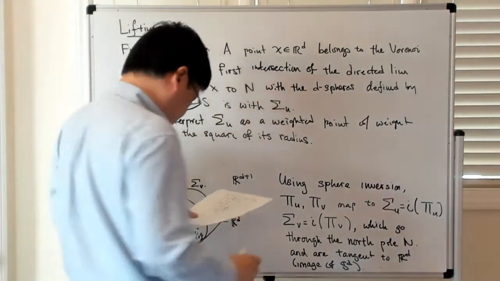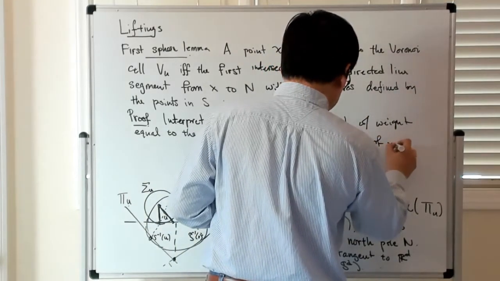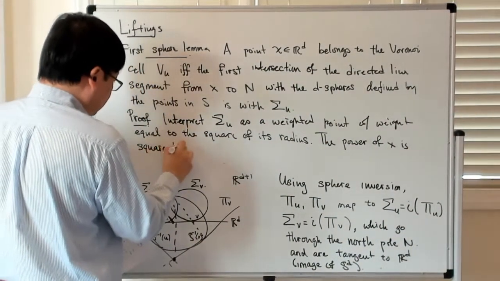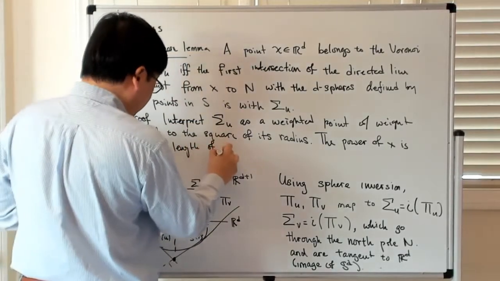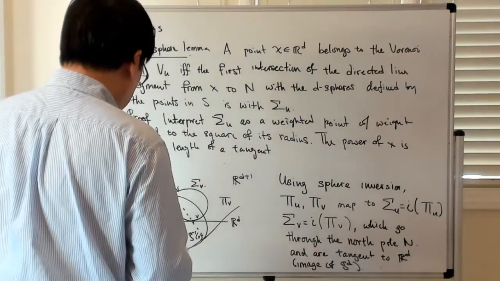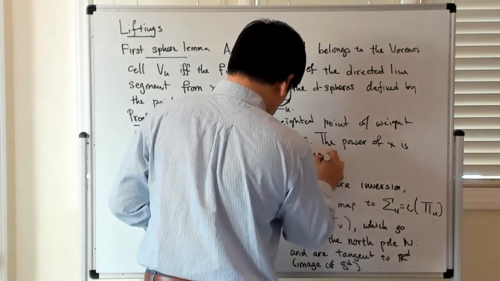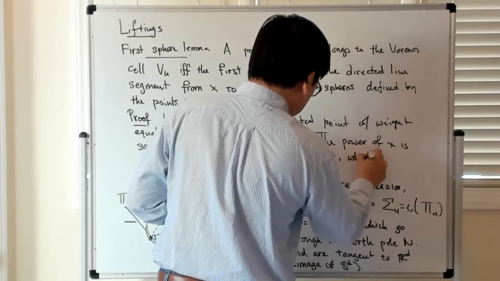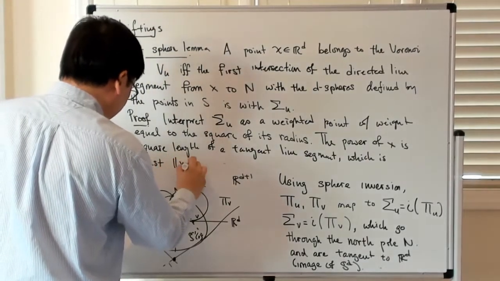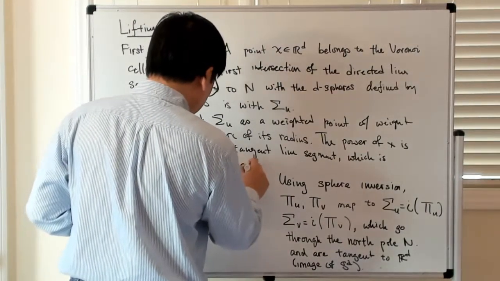The power of x is the square distance, the square length of a tangent line segment, which is just the norm squared of x minus u, at least if x is in RD.